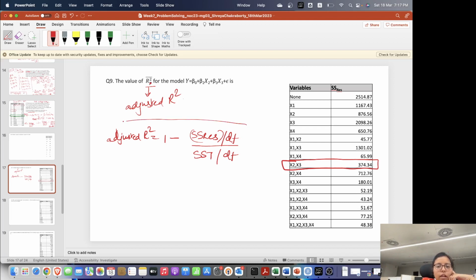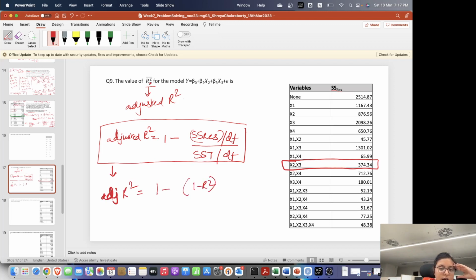Okay, this is one formula. The other one for adjusted R square, these are all interchangeable, is 1 minus (1 minus R square) times (n minus 1) by (n minus k minus 1).